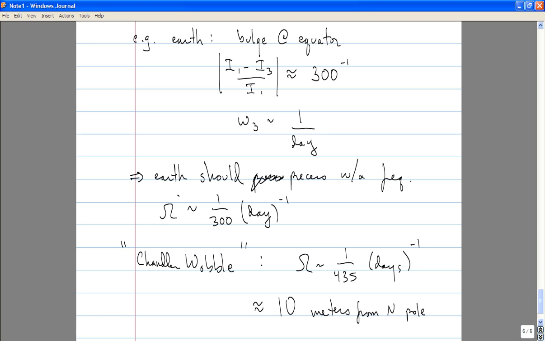So we've now exhausted all of the easy cases. So let's consider the most generic situation. Let's consider the most generic sort of rigid body, where I1, I2, and I3 are all distinct.